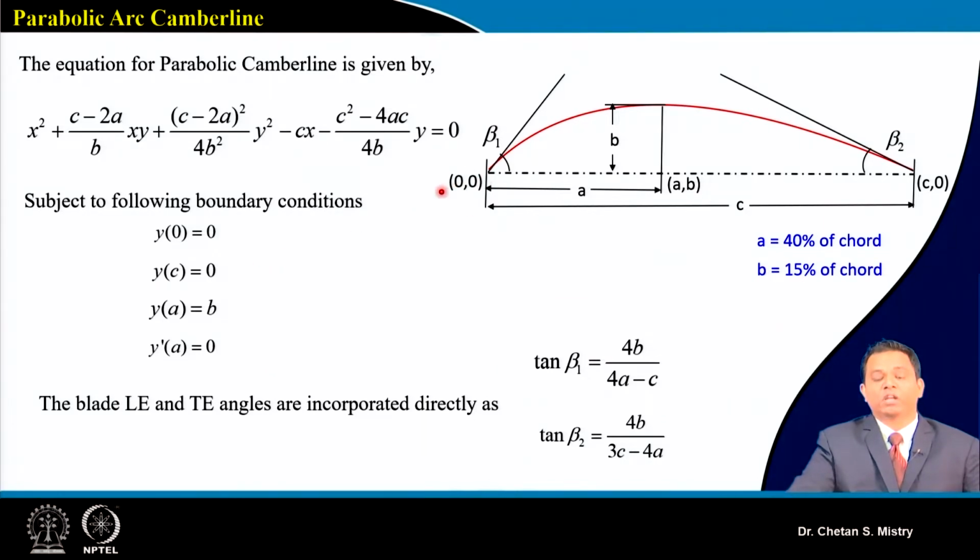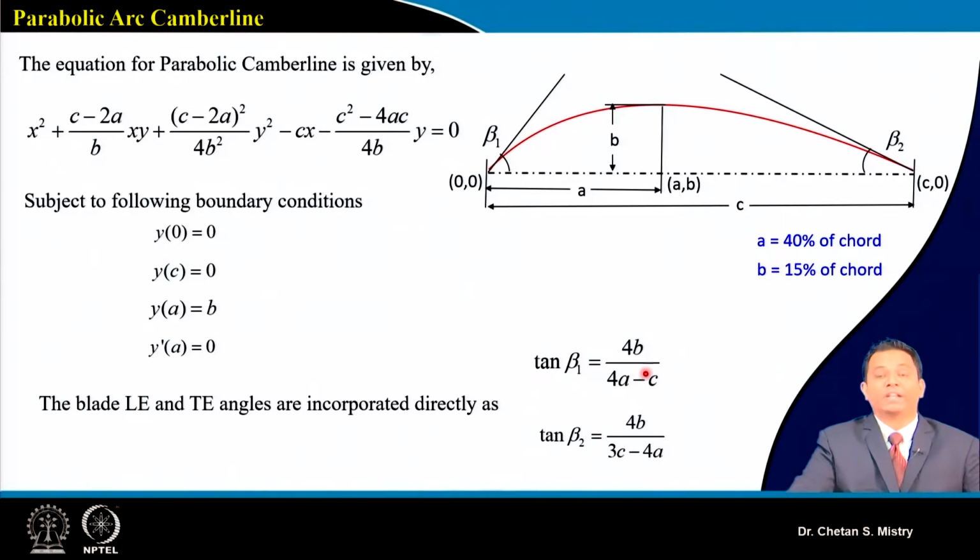Here, if you look at this, it says 0, 0 place, this is representing point A, B and this is say C, 0. So I can say at Y0 we will have 0, Y at C is also 0, Y at A is my B number, and Y dash at A is equal to 0. So if we put these conditions into the configuration, we will get this equation.